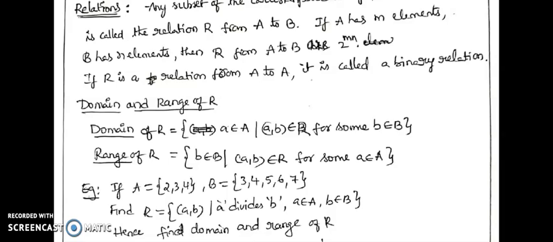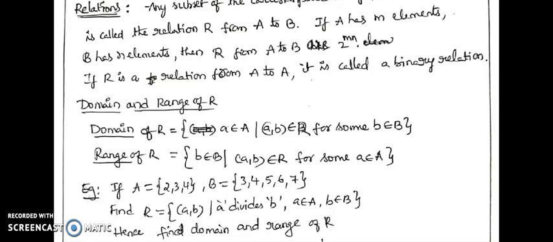The domain of the relation is defined as the set of elements a belonging to the set A such that (a, b) belongs to the relation for some b belonging to B. It in fact contains the set of elements of A which form the first entry of every element of the relation.